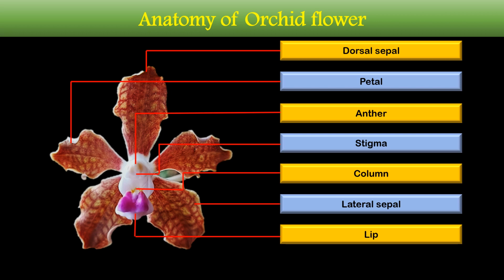So basically the main characteristic is that there will be 2P, 3S and 1L. L means lip, 3S means sepals, and 2P means petals. That is how the orchid flower can be distinguished.